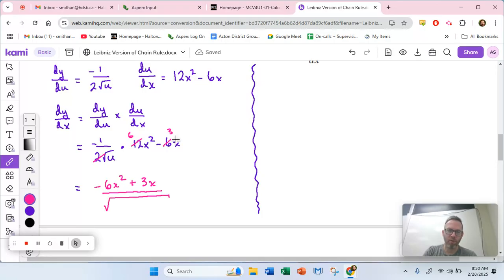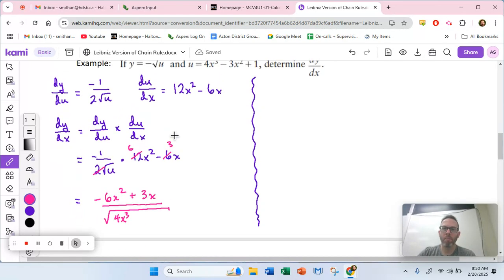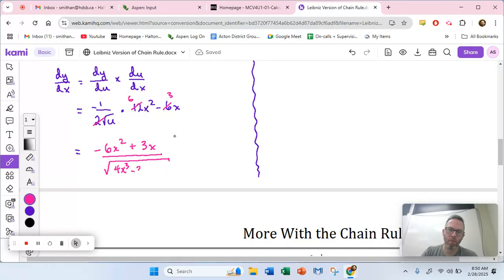But u is just equal to that 4x cubed minus 3x squared plus 1. So do each individual derivative, multiply them according to the chain rule, and then just tidy things up. You guys okay with that? Yes, Kaya.